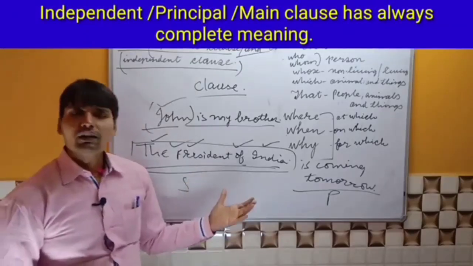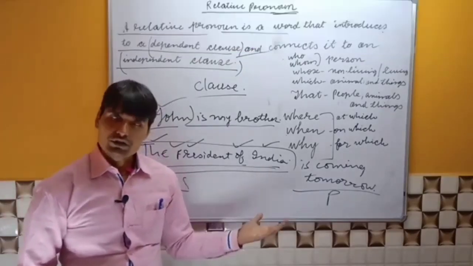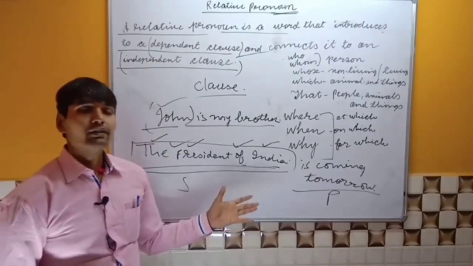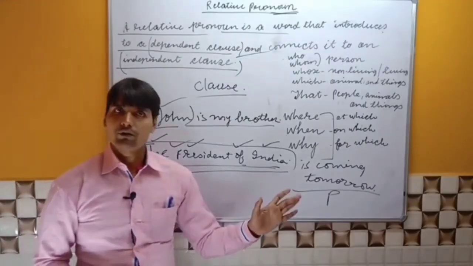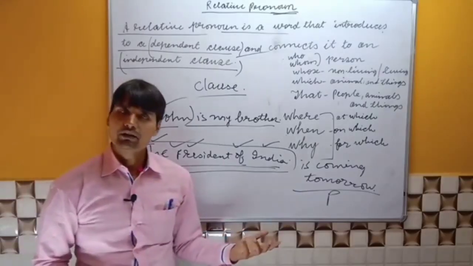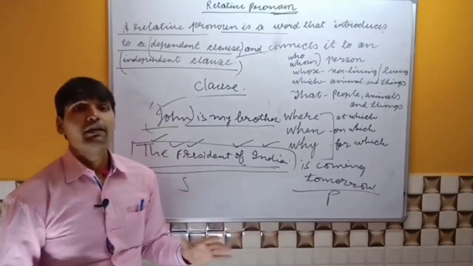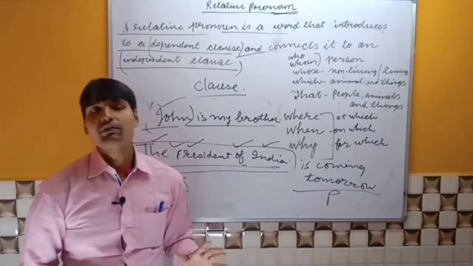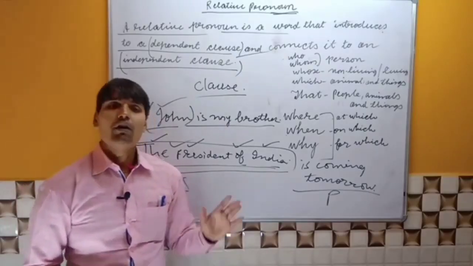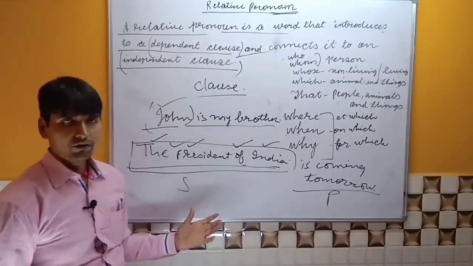And if other clauses are used, then you can say that they are dependent clauses, because independent clauses have complete meaning, but dependent clauses never have complete meaning. They always have to depend on the independent clause.